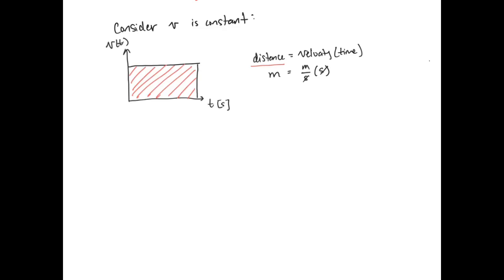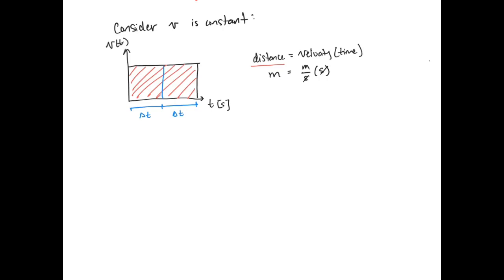Another way to write this out and have the exact same value is to split this into two pieces. Now this would be your delta t, and we'll split it into equal pieces. So this value of time is also delta t.